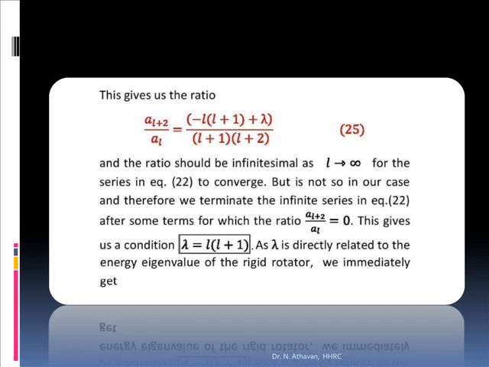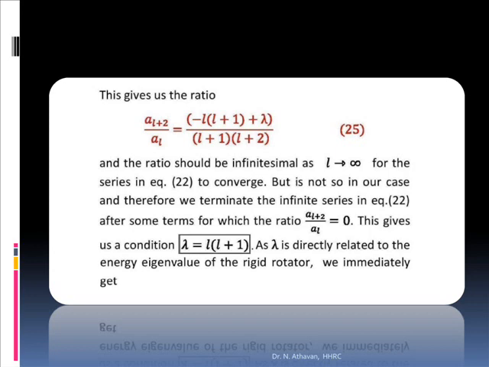Therefore, in order to satisfy the boundary conditions, we terminate the infinite series given in equation 22 after some terms, say after L terms, for which the ratio a_(L plus 2) by a_L is equal to 0. This gives us a condition on lambda, because the numerator of equation 25 should be 0.